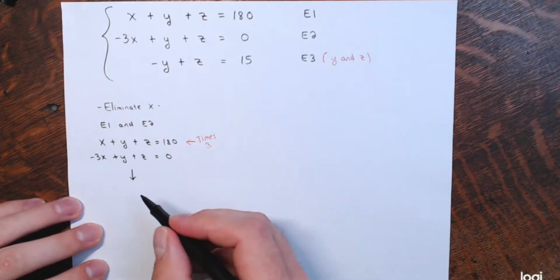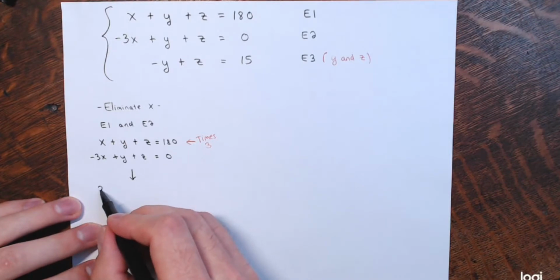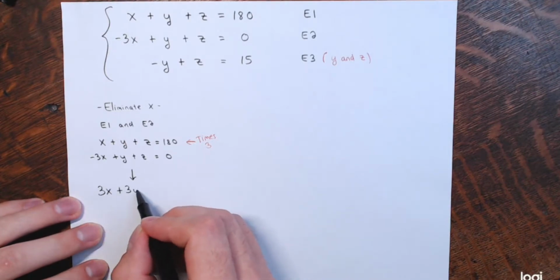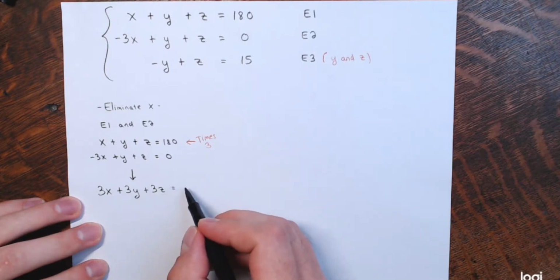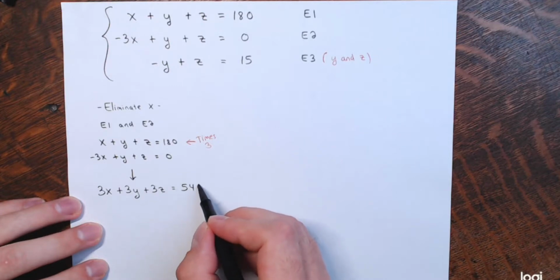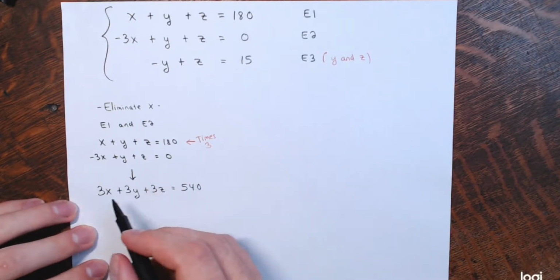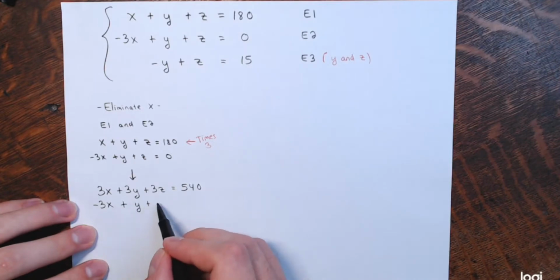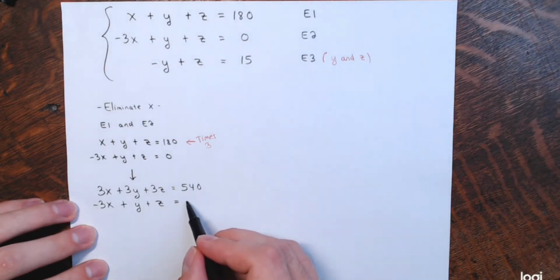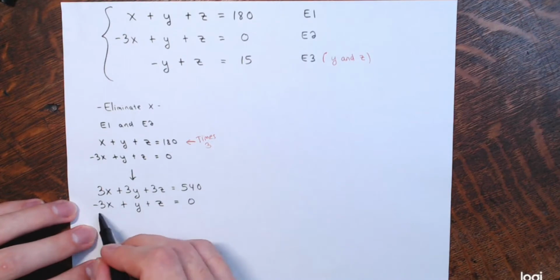Opposites. So the first equation now becomes 3x plus 3y plus 3z equals 3 times 180 is 540. And then the second equation, I didn't change, negative 3x plus y plus z equals 0.